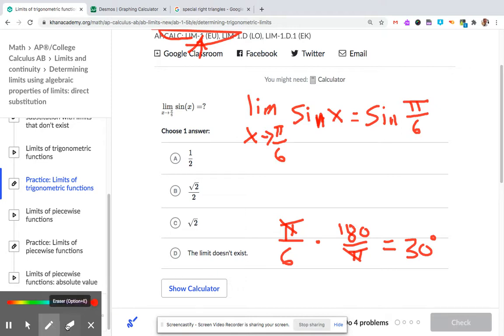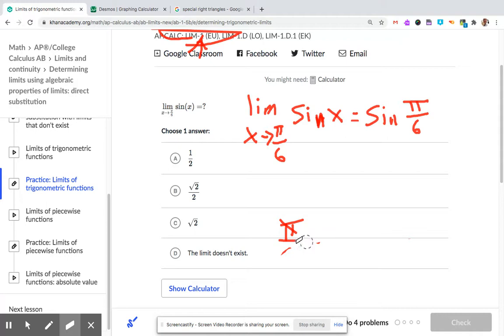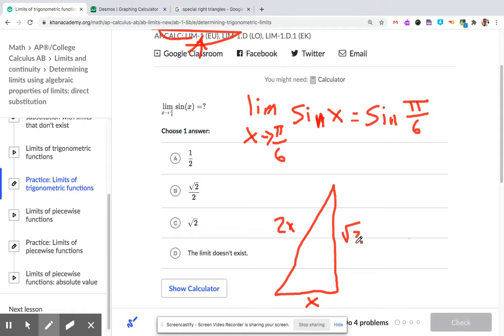Let's go ahead and draw our special right triangle. That's how I remember it. I know it's x, 2x, and then radical 3x. Down here is our 60, up here is our 30 in degrees, and this is a 90.